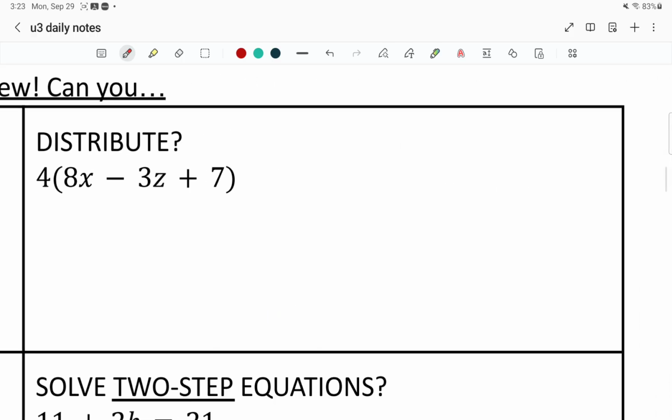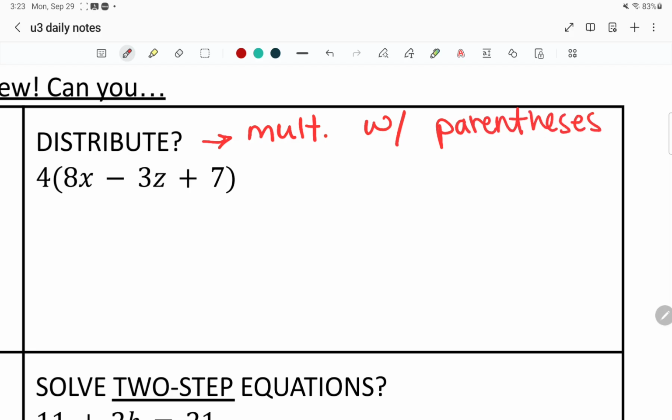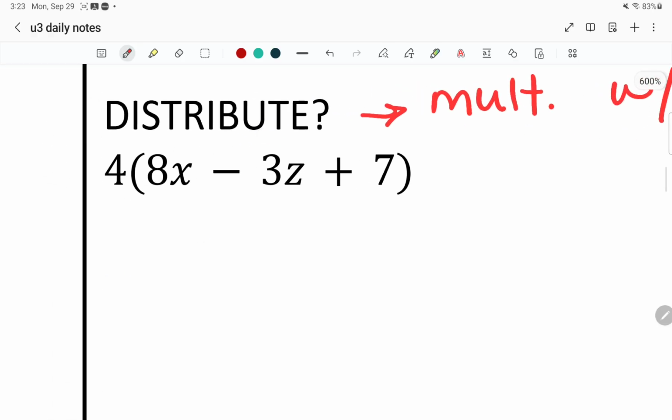Can I distribute? Distributing is when I'm multiplying, so we're just going to put multiply with parentheses. So what I am saying here, if I were to zoom in super close, is I'm saying 4 times all of this stuff, and I'm going to multiply it separately.